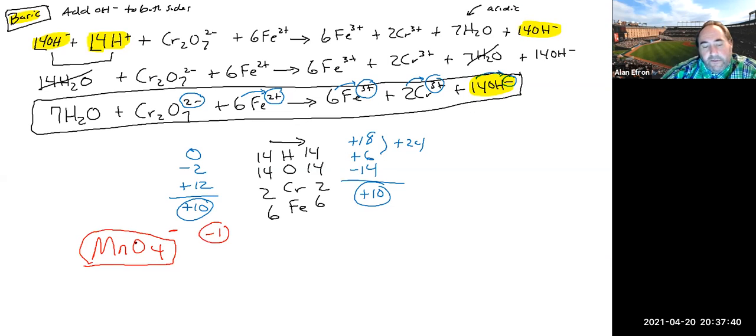The oxygen has an oxidation state of -2, and since there's 4 of them, that gives you -8 on the oxygen side. The overall thing needs to equal -1, so to get us to -1, the Mn needs to be +7. 8 negatives and 7 positives leaves us a -1 left over.